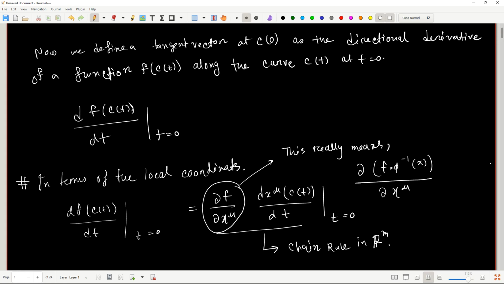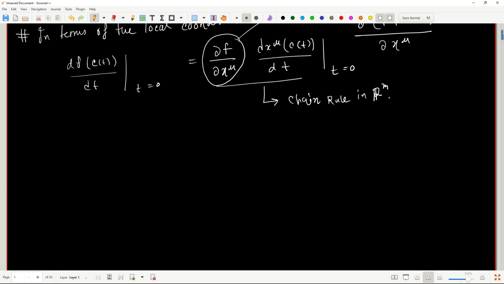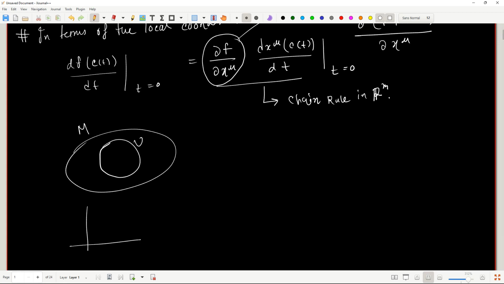if you look at the following picture, this is my manifold M, and inside it there is some open chart U. This is the Rm. I have a point P over here, let's say, and this phi takes p to x, some x in Rm.